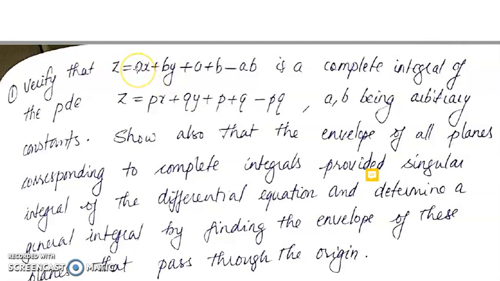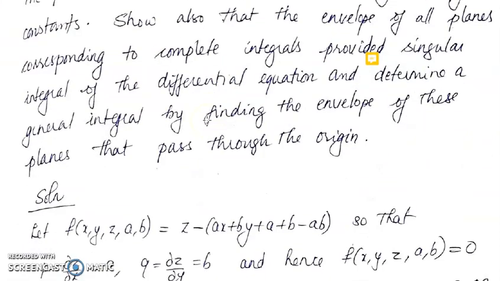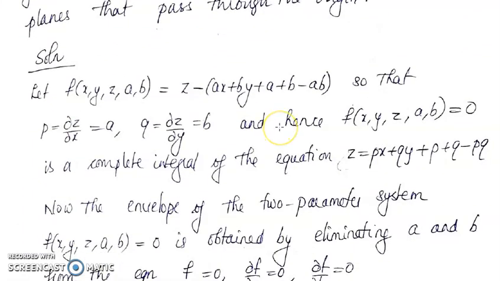That means p is equal to a and q is equal to b. So you replace a by p and b by q. That is going to give you the equation of the PDE. So hence we can show that z equal to ax plus by plus a plus b minus ab is a solution of this PDE, and hence this is going to be a complete integral since it is of the form f of x y z a b equal to 0.